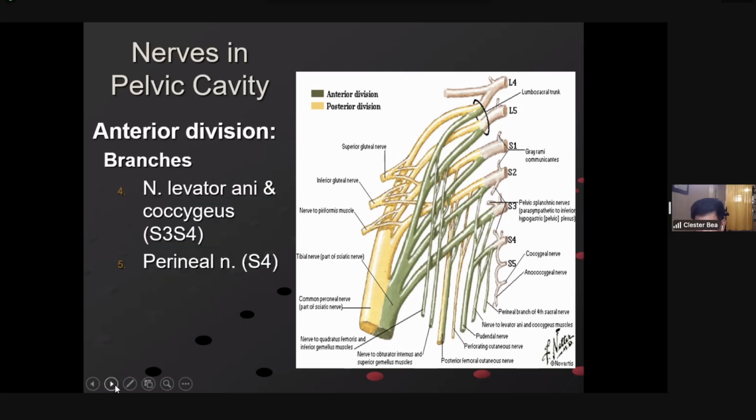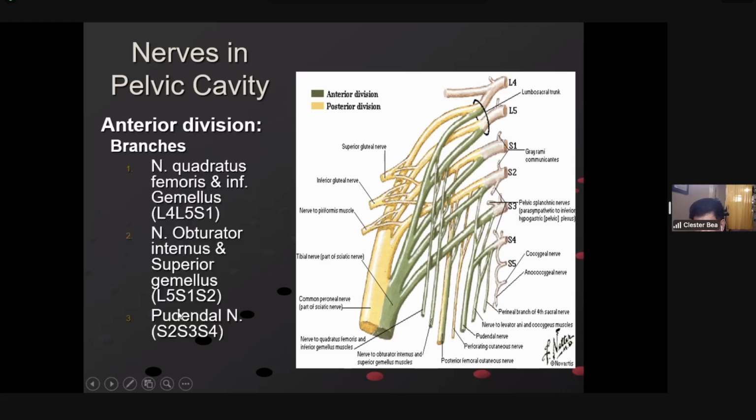In fact, if you want to anesthetize one side of the perineum, if you want to do an episiotomy during childbirth, where you make an incision in the perineal region to allow the baby to pass through more easily, you can block the pudendal nerve and anesthetize that side of the perineum, without having to instill lidocaine or anesthetic in the area of the incision.